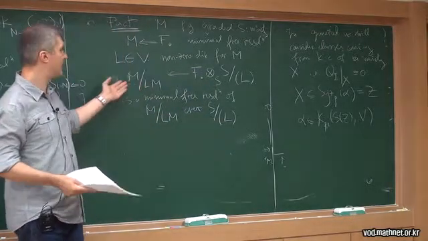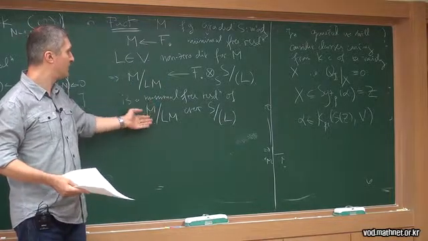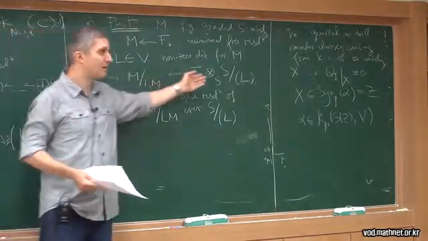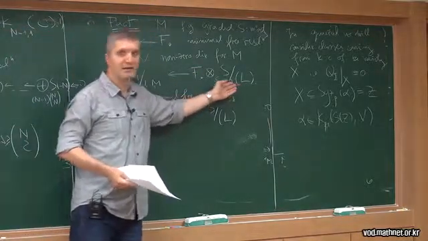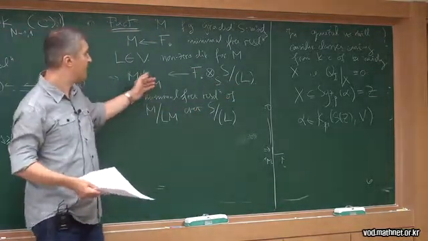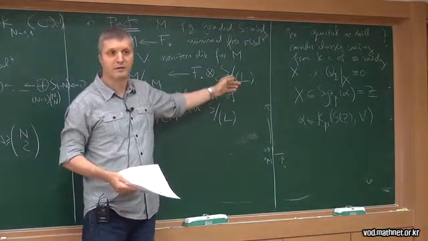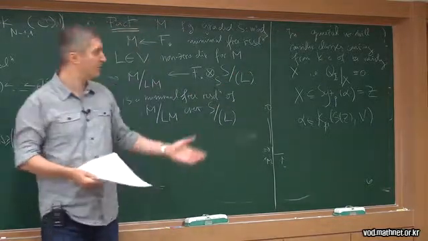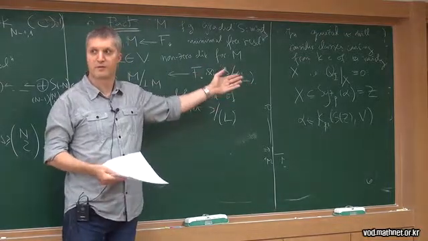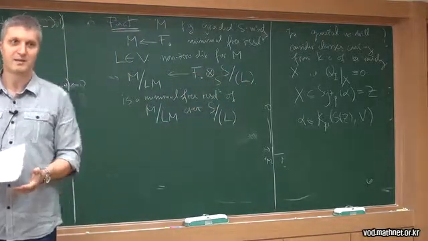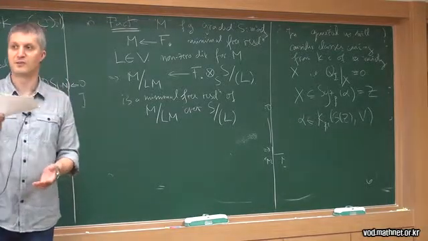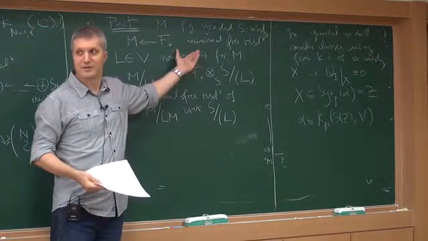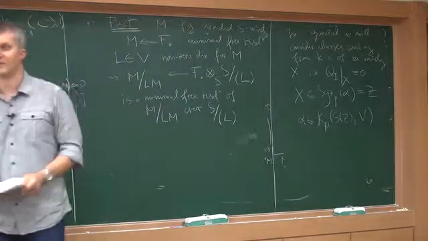To prove exactness is where you use that L is not a zero divisor for M. If you start from M, take the kernel, and twist by this, then you get a long exact sequence continuing with Tor_1 of M and S over L. Tor is symmetric, so you can compute it either from the minimal resolution of M or from the minimal resolution of S over L. It's very easy to write down the minimal resolution of S over L, which is just 0 goes to S(-1) goes to S goes to S over L. If you twist this by M, you get exactly the condition that if L is a non-zero divisor, then Tor_1 is 0, and so on.